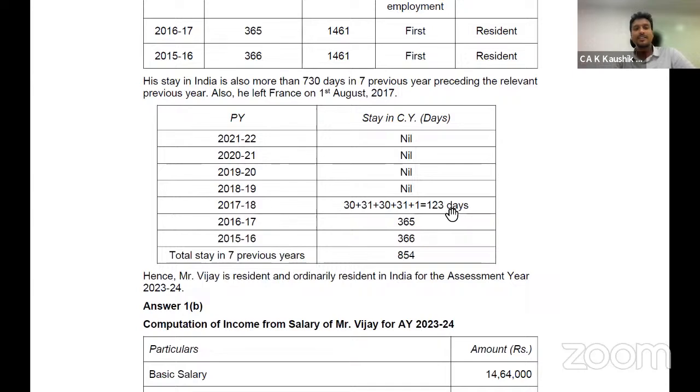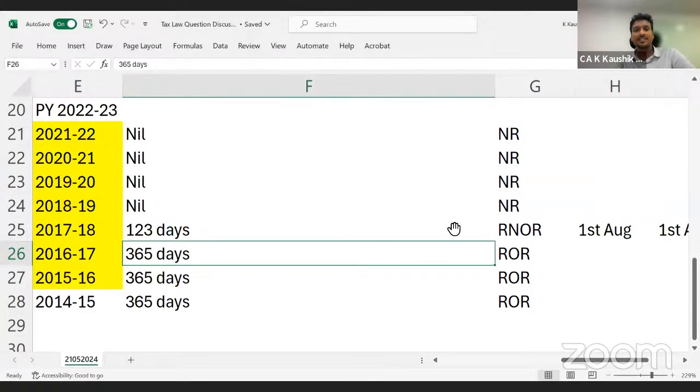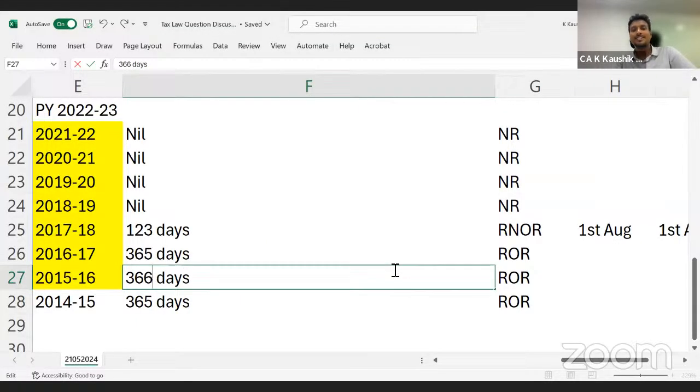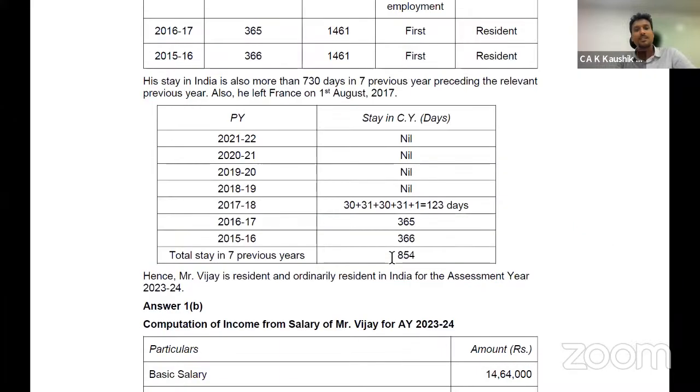So if you see here, 17-18, 123 days, and then 16-17, 365 days, and 15-16, 366. They are going more specific in terms of the leap year. 15-16 is a leap year, with February 2016, so 366 has been considered. So total stay in the 7 previous years is 854. Hence, Mr. Vijay is resident and ordinarily resident in India for the assessment year 23-24.